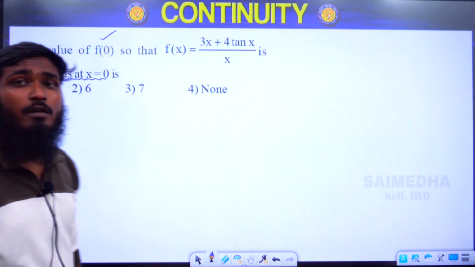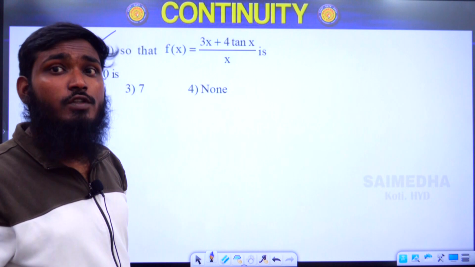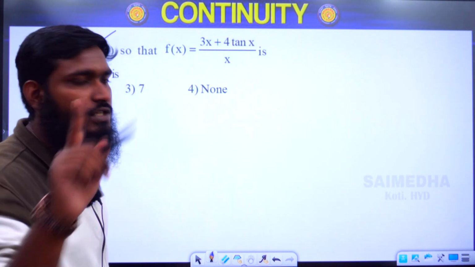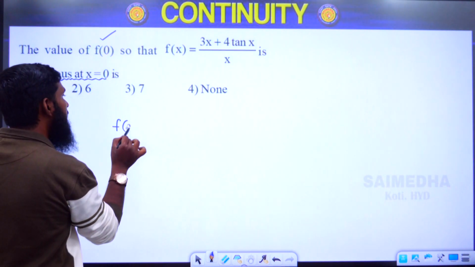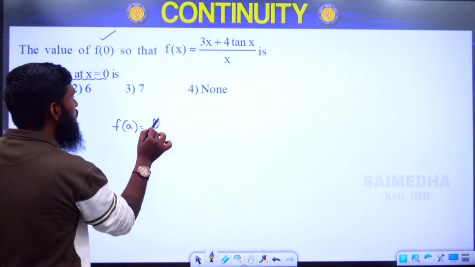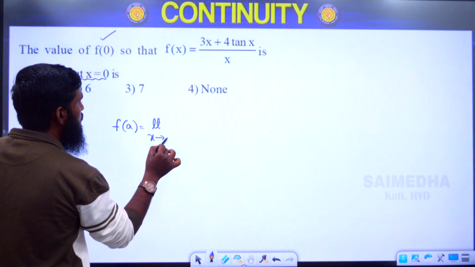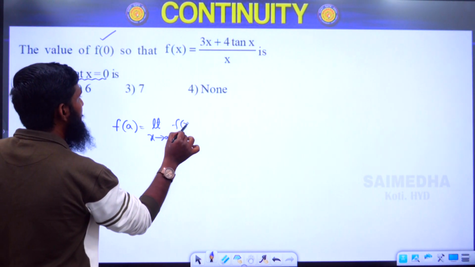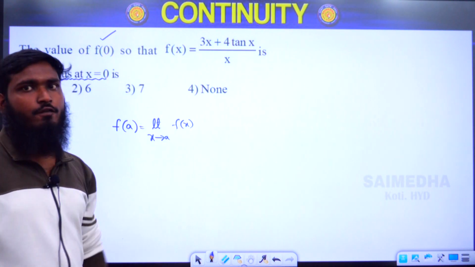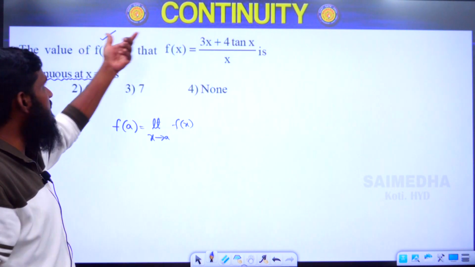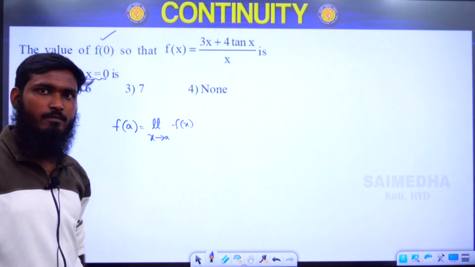Whenever we have to find the value of the function, we have a very simple formula: f of a is equal to limit x tends to a of f of x. So for the given function, we have to apply the limit. That's it.